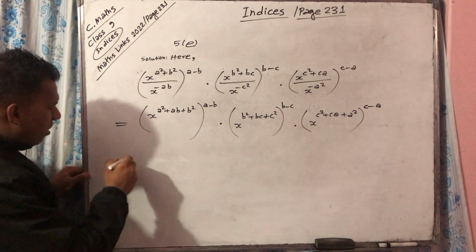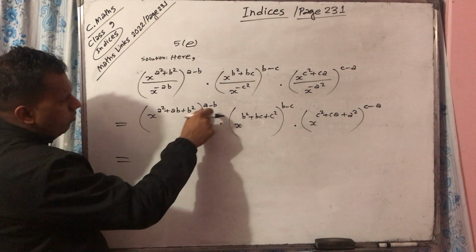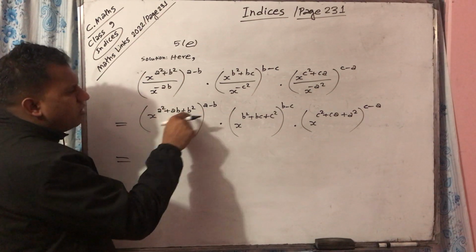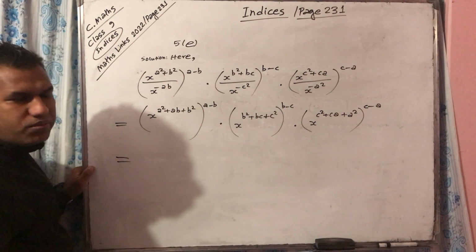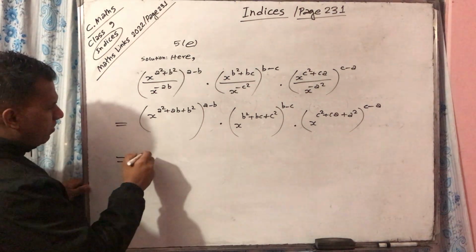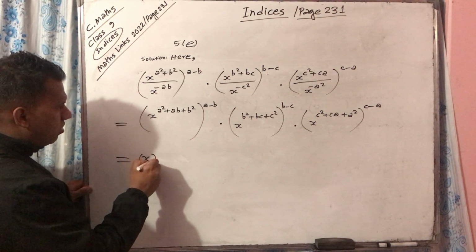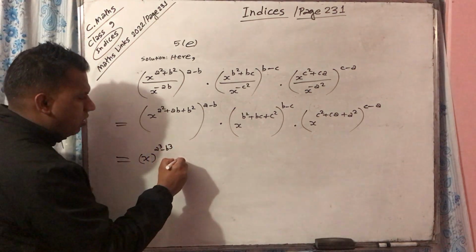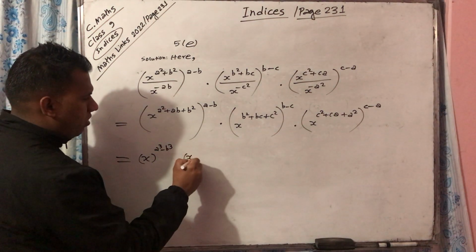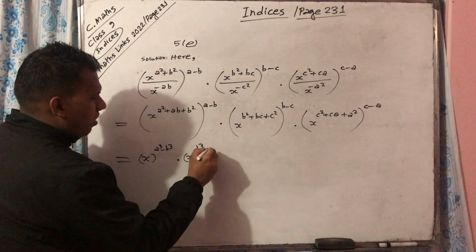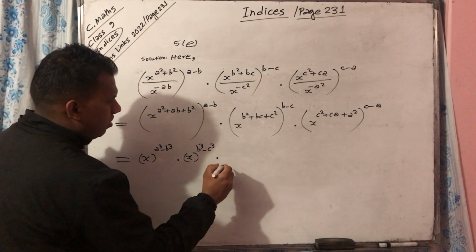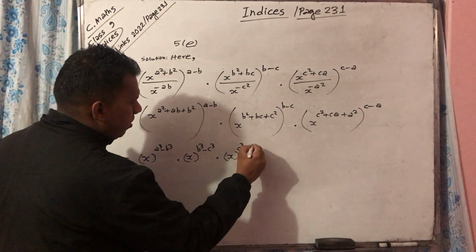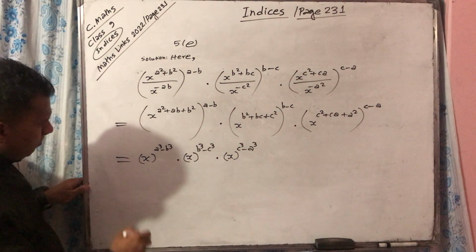Now let us take the first part and second part. This first part is a square plus ab plus b square, and the second part is a minus b. So it makes a cube minus b cube form. So x to the power a cube minus b cube from the first, multiplied with x to the power b cube minus c cube from the second. Similarly, x to the power c cube minus a cube from the third.